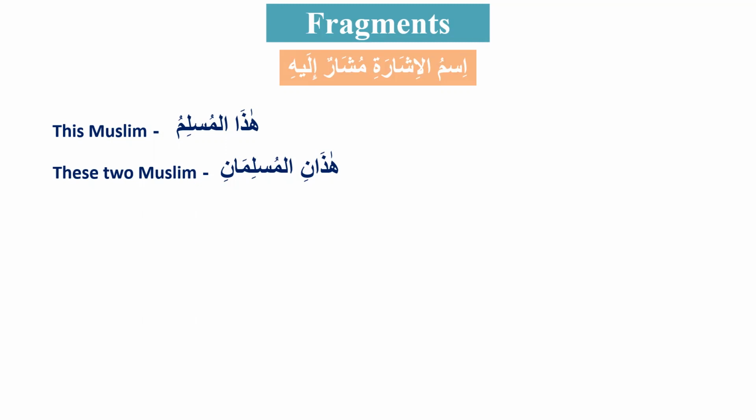Musharun ilayhi has to have al with it. That's the first condition. And the second condition is they have to match in status, gender, number, and type. Both are rafa. Both are masculine. Both are dual. Both are proper.